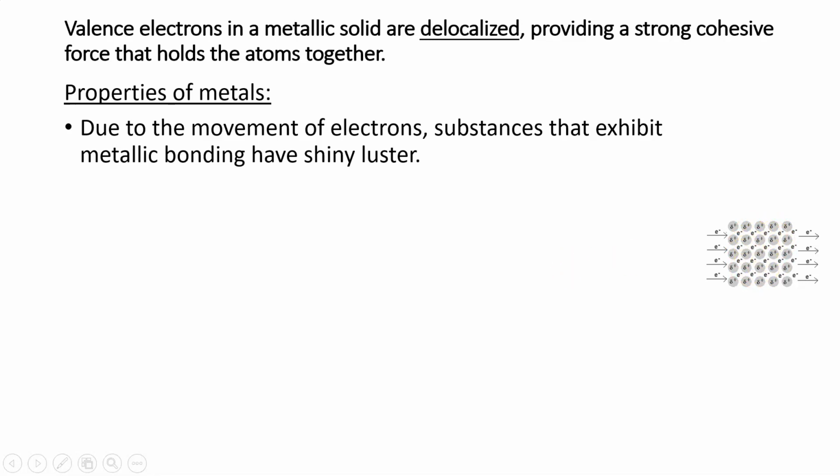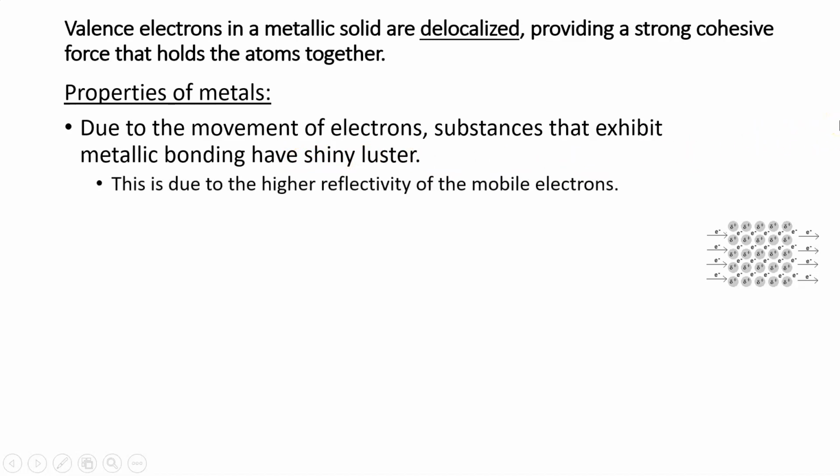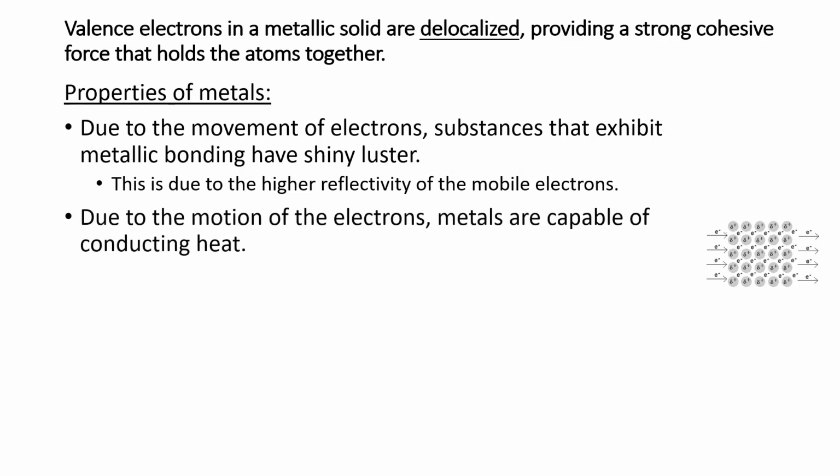Some other properties of metals: due to the movement of the electrons, substances that exhibit metallic bonding have shiny luster. This is because those mobile electrons have a higher reflectivity than electrons around a single atom. Due to the motion of the electrons, metals are capable of conducting heat as well.